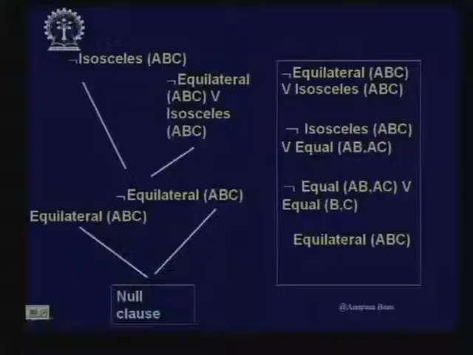That means the point from where I started is disproved. By resolving, this is a null clause, that means I am trying to resolve two contradictions. That means the goal with which I started is not consistent with the knowledge base that I have. Now, what was the goal?